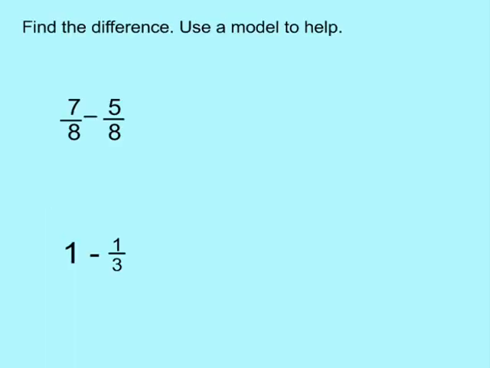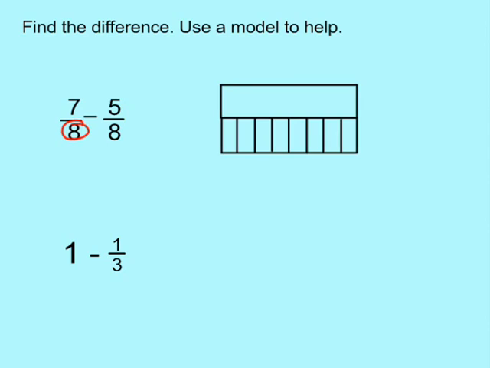Let's find the difference, and let's use a model to help. So 7/8 minus 5/8. Well, I know the whole piece would be 8 because that would be my denominator. So my whole piece would have to have 8 pieces. It has to be divided into 8 different pieces here. So I have 8 different pieces, each one of them equaling 1/8.